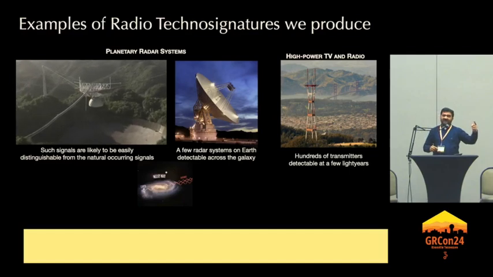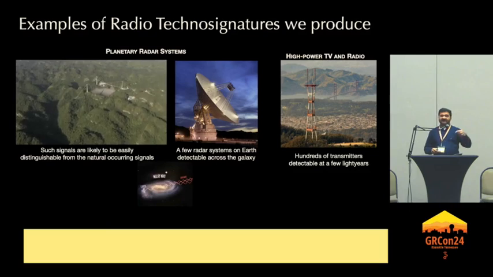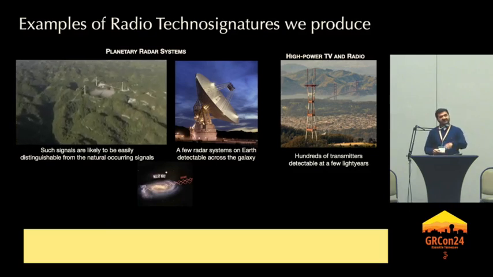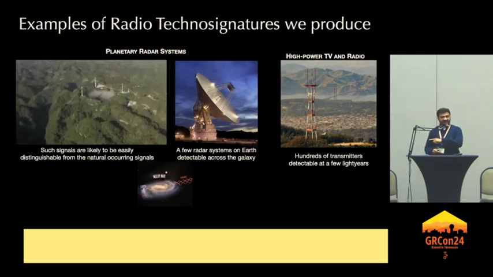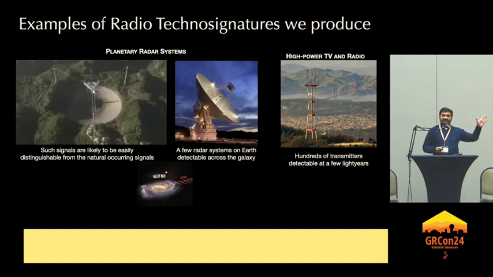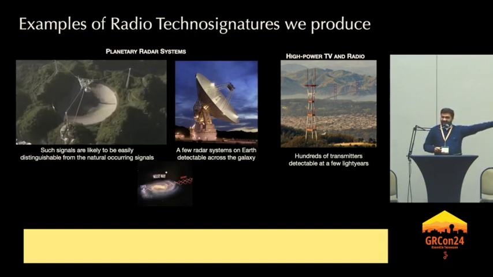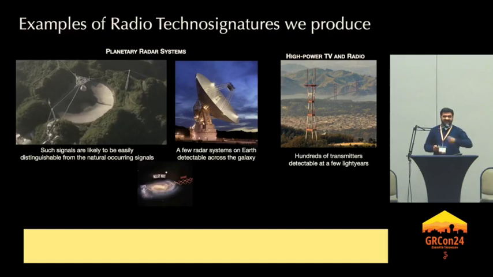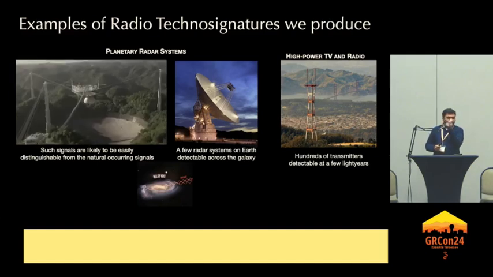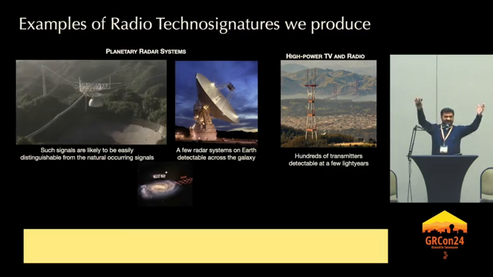The planetary radar signals that we produce are so powerful that they can be detected by the same size telescope that transmitted it. For example, Arecibo used to transmit very powerful radio waves. You can detect that kind of radio waves all the way to the other end of the galaxy. Imagine that. We, sitting on this tiny dot here on Earth, are able to produce radio waves that are possible to be detected all the way across the galaxy.